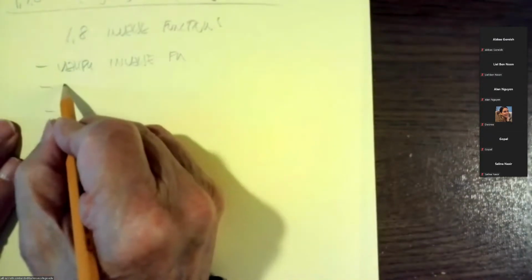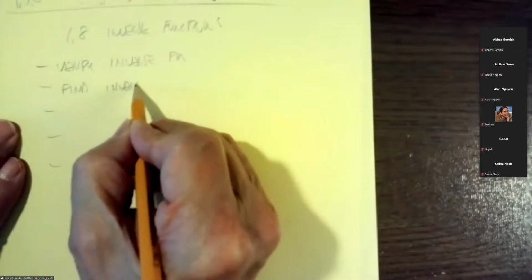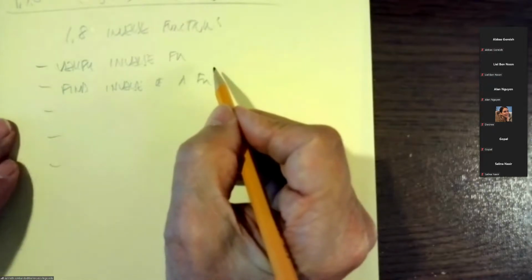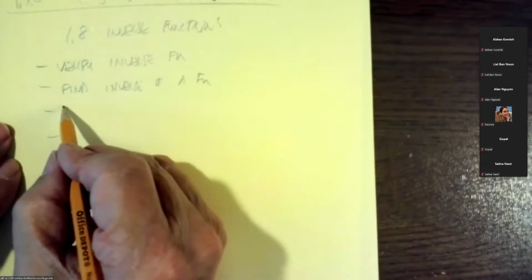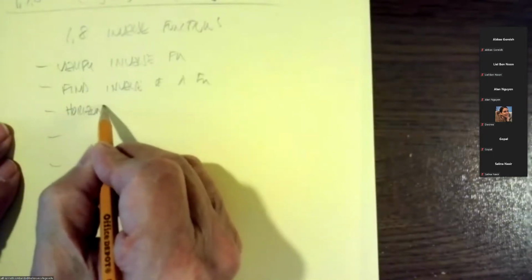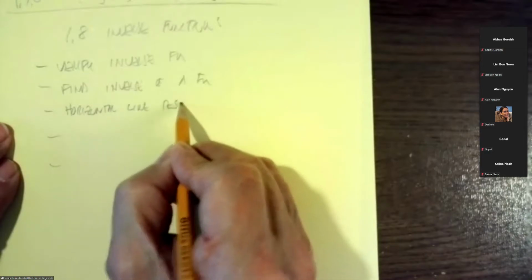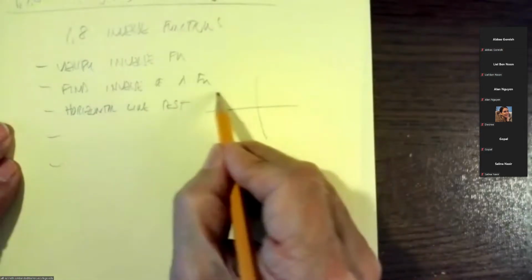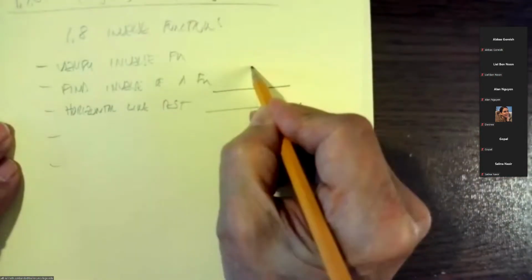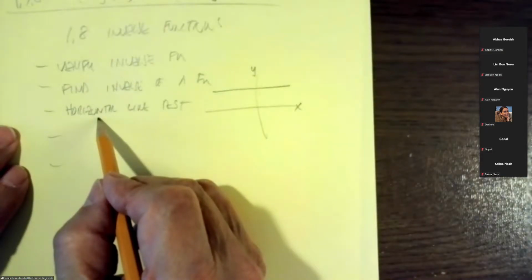We might want to find the inverse of a function. There's something called a horizontal line test, where the horizontal line is going to be this way, parallel to the x-axis. And there's a test we can use to determine if the function has an inverse.